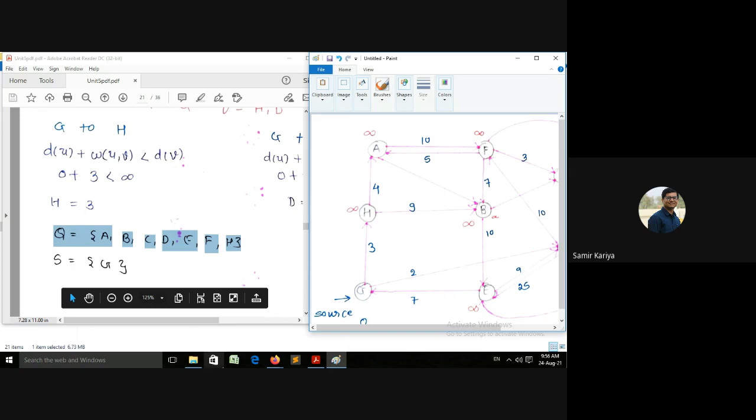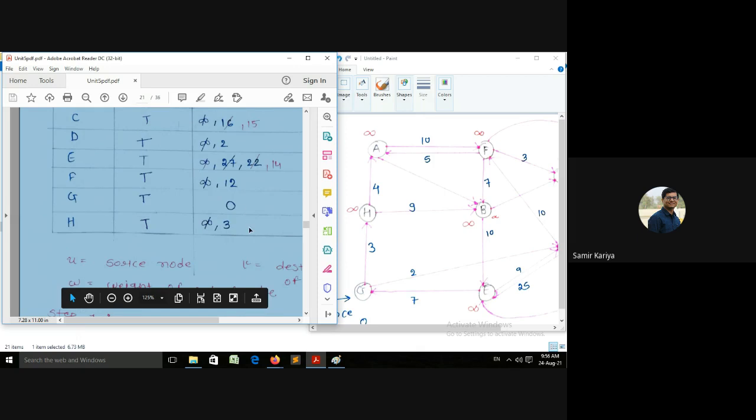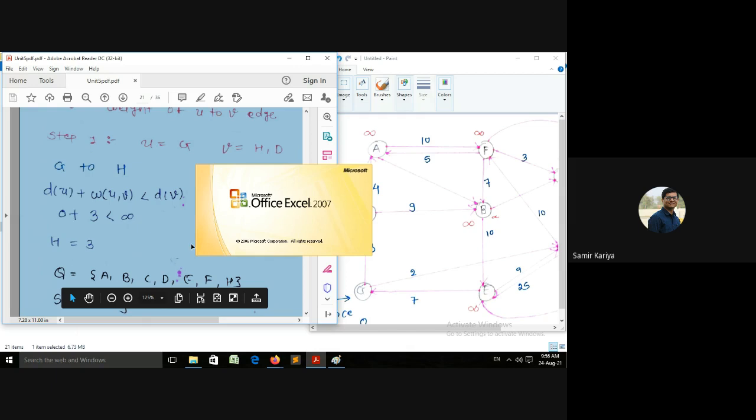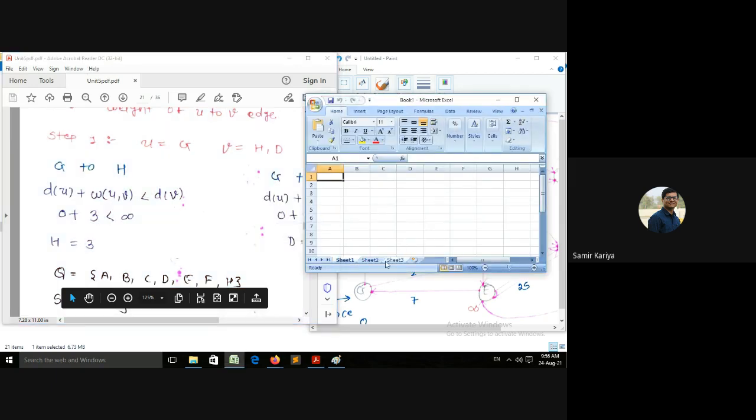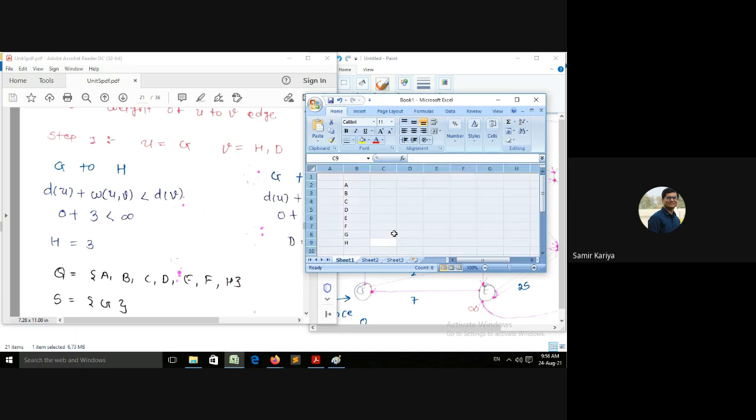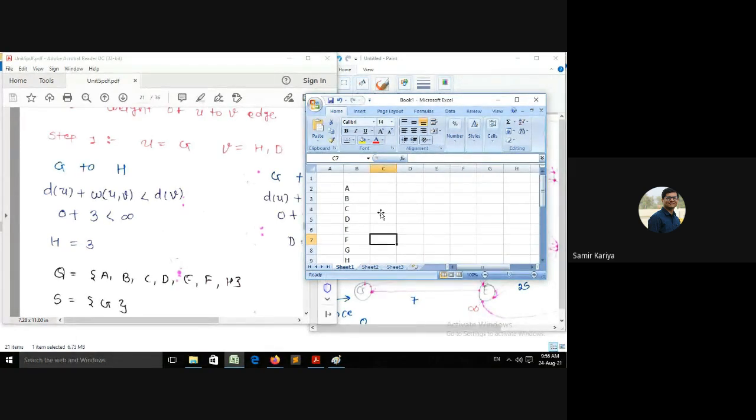If we write something like this, let me write here. I'm making this table in an Excel sheet, for the explanation. I'm writing A, B, C, D, E, F, G, H. Initially it's infinite, so I'm writing INF.